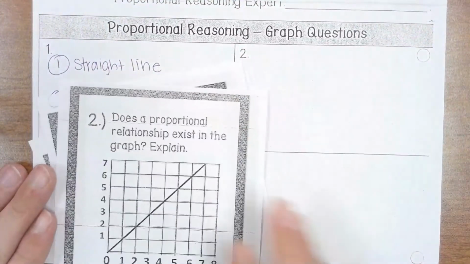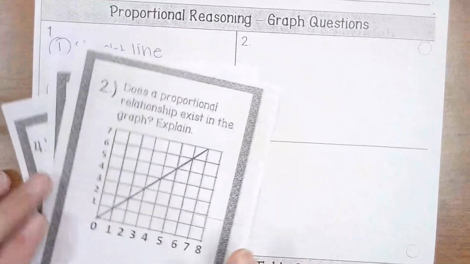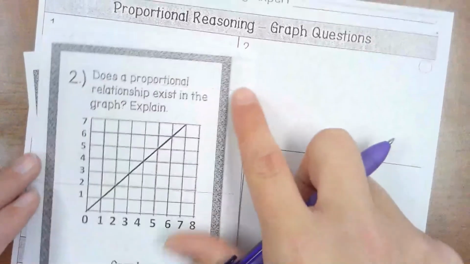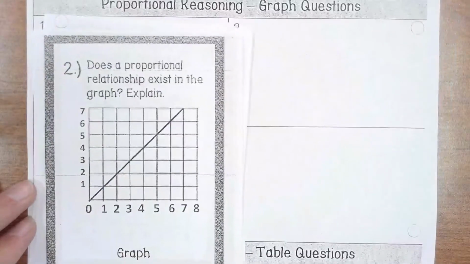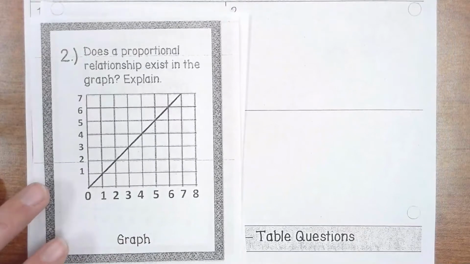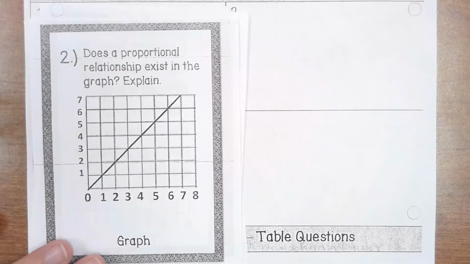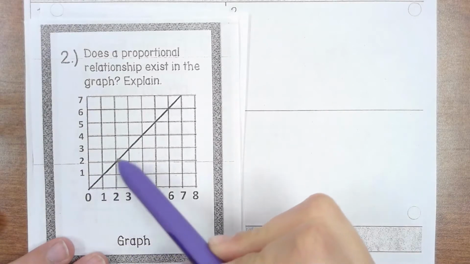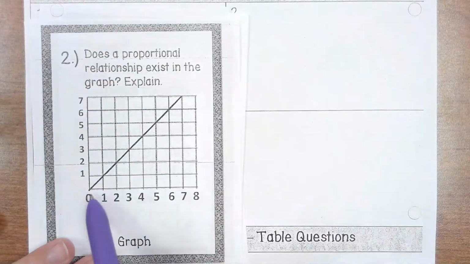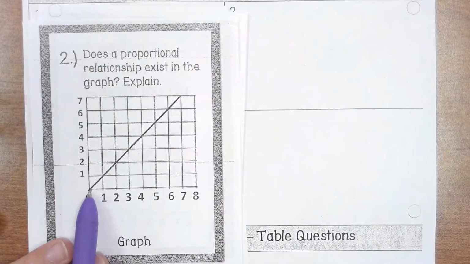Moving on to question number 2. They're wondering, does a proportional relationship exist in this graph, and explain. So looking at this graph, we just said that in order for a graph to be proportional, it must go through the origin and it must be a straight line. I see that my line is a straight line, and I see that my graph does go through the point 0, 0.